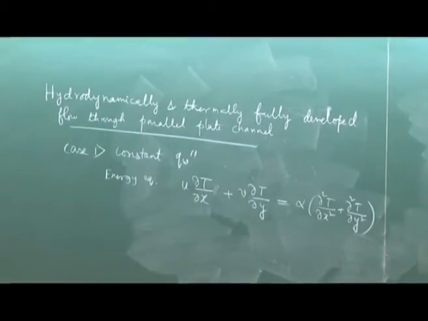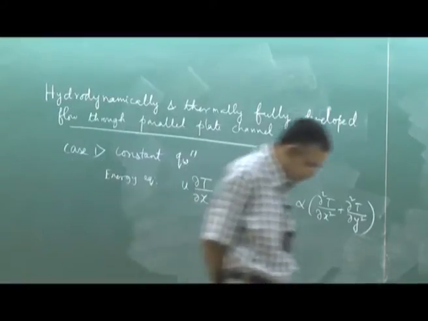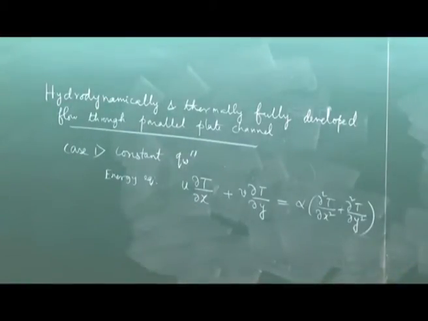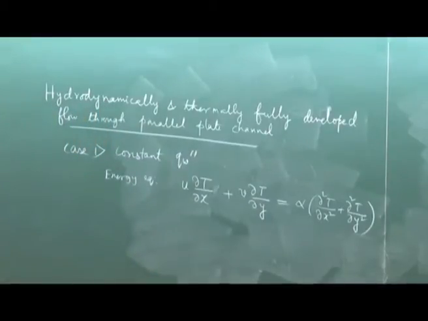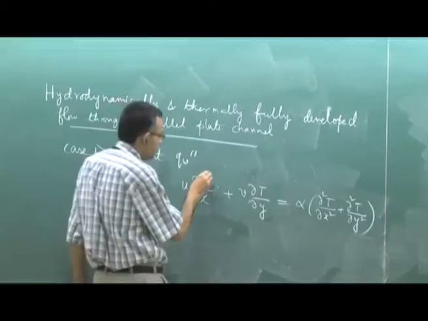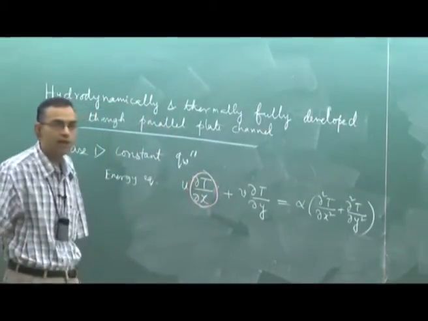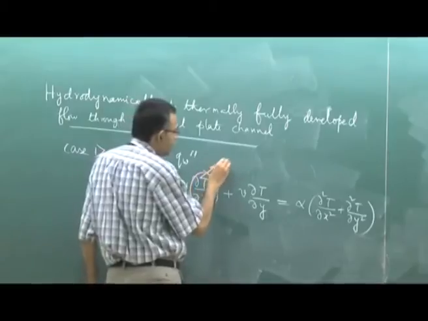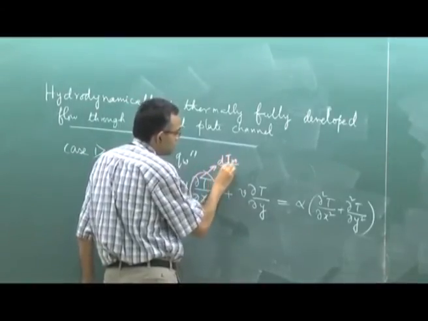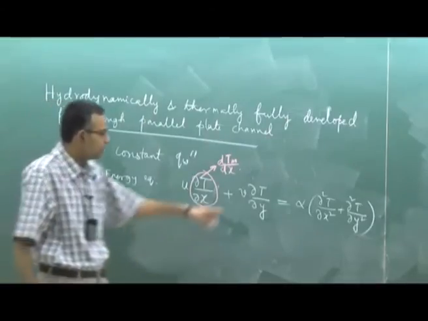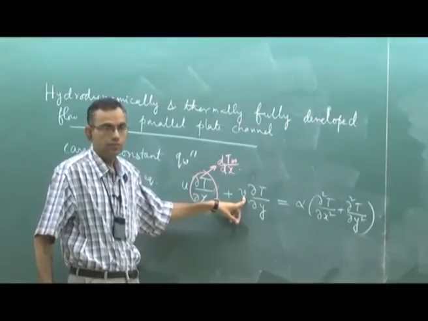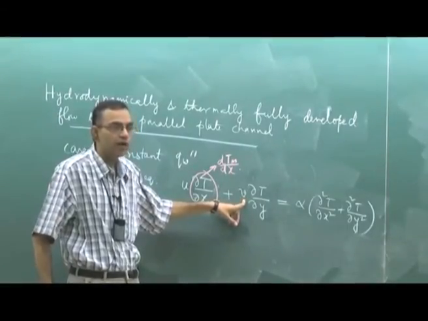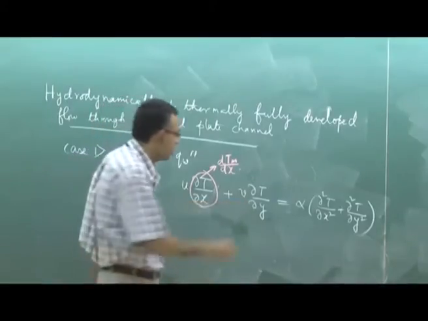Now tell what will be the simplification. So let us write it with a different color maybe. In place of del T del x, for constant wall heat flux, we can write dTm dx, which is a constant. What about this term? V is equal to 0 for hydrodynamically fully developed flow. So this will be 0.